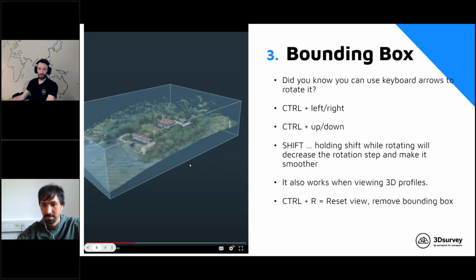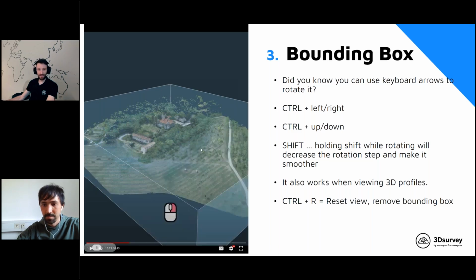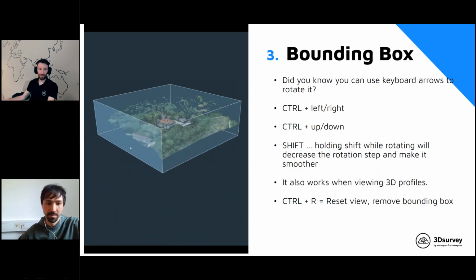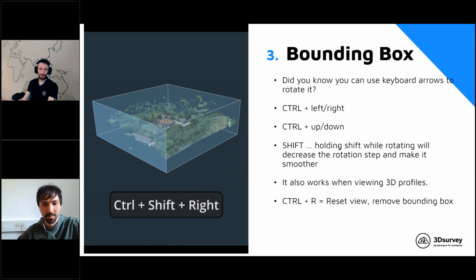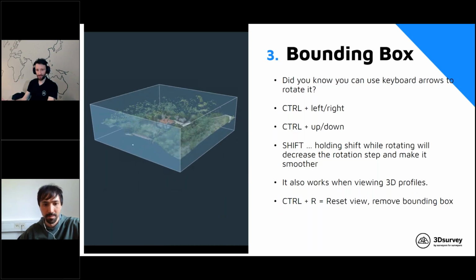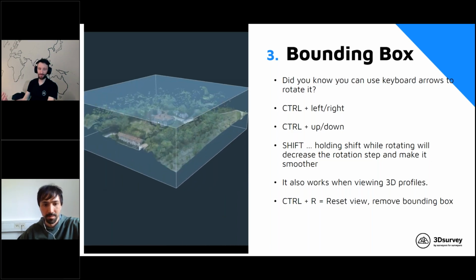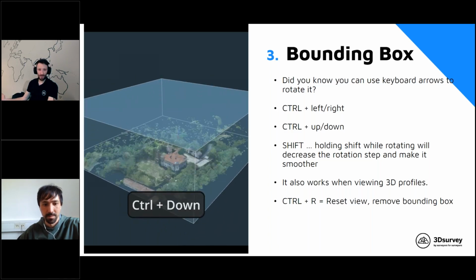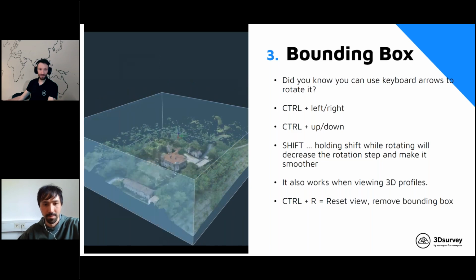But there are also keyboard shortcuts to rotate it. So if we're in our render area, we press Control and left or right, and our bounding box will rotate left or right. If you also add Shift, it will rotate by smaller steps, so slower. Control up or down will also raise it or lower it.